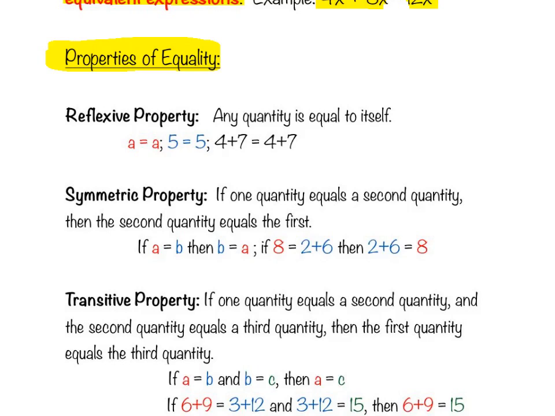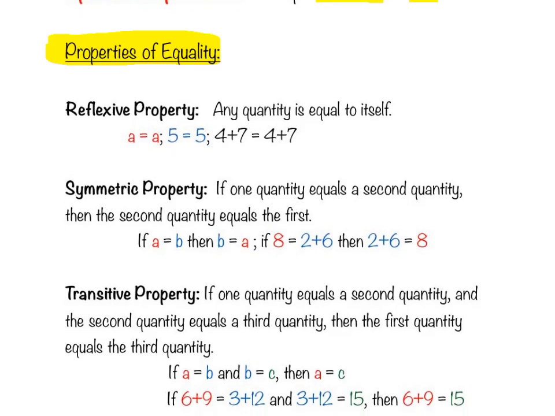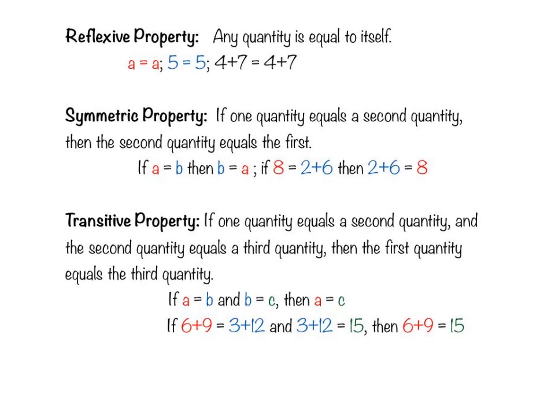All right. The next property of equality is transitive property. Here's the definition. If one quantity equals a second quantity, and the second quantity equals the third quantity, then the first quantity equals the third quantity.